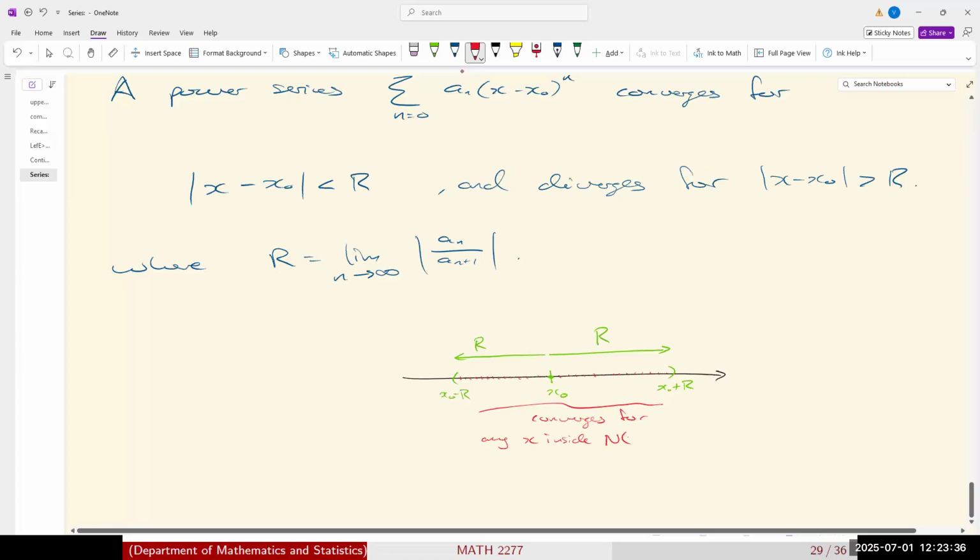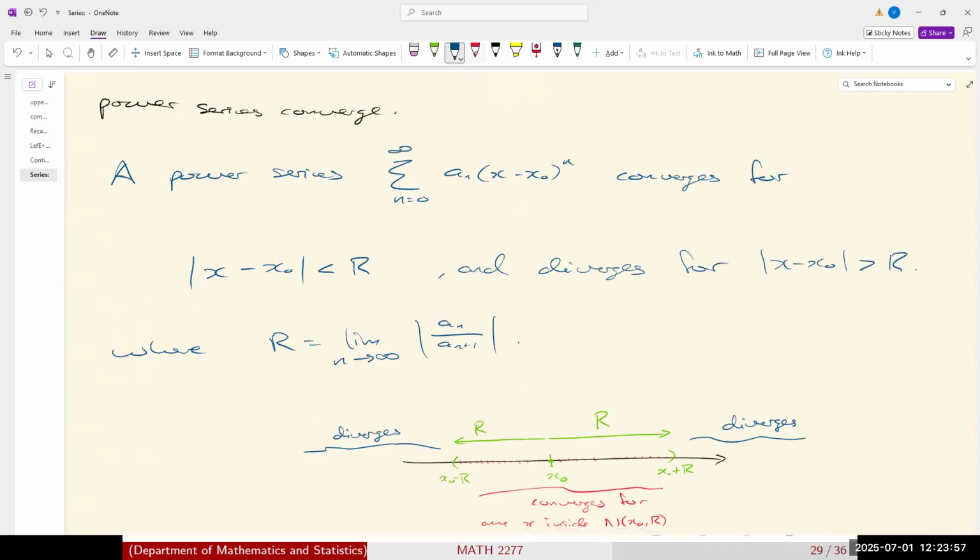Inside the neighborhood, centered x0, radius R, and it diverges outside. Right, I should say it not only converges, but converges absolutely, right?